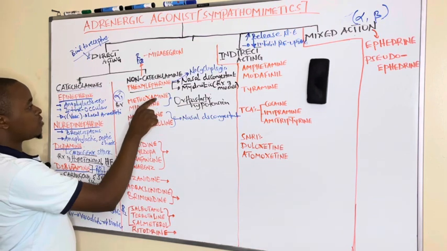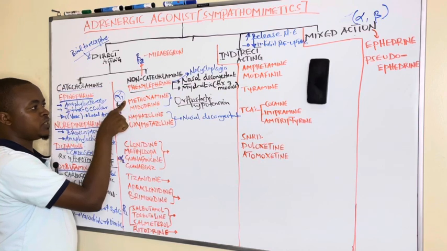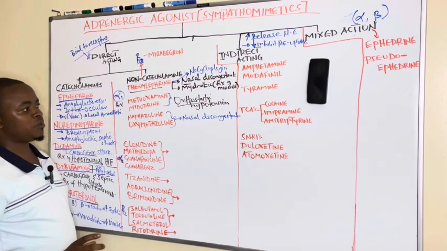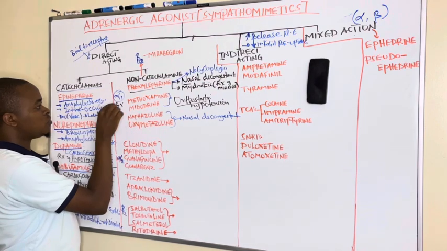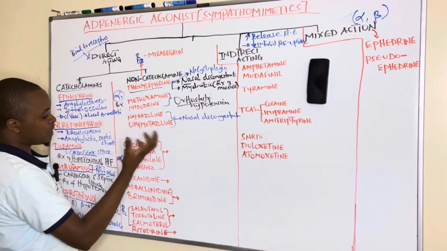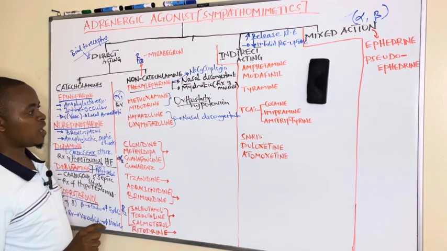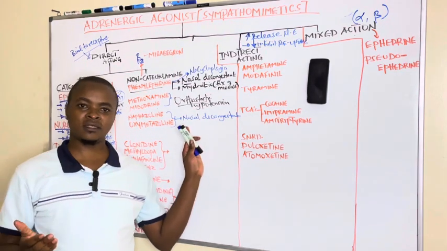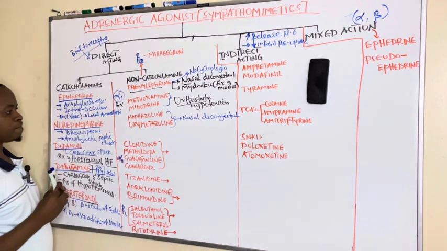So we can use methoxamine and midodrine, which are alpha 1 selective agonists, to treat orthostatic hypotension. Then naphazoline and oxymetazoline, which are also alpha 1 selective, but sometimes they also act on alpha 2, but majorly they are for alpha 1 for nasal decongestants because they have a bronchodilation property.